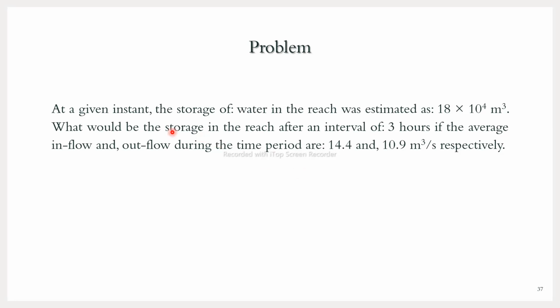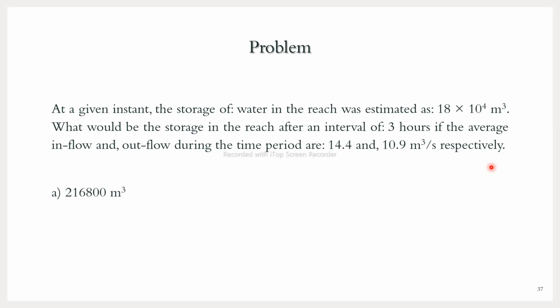Okay, let's see. So at a given instant, the storage of water in the reach was estimated as 18 into 10 to the power 4 meter cube. What would be the storage in the reach after an interval of 3 hours if the average inflow and outflow during the time period are 14.4 and 10.9 meter cube per second respectively?